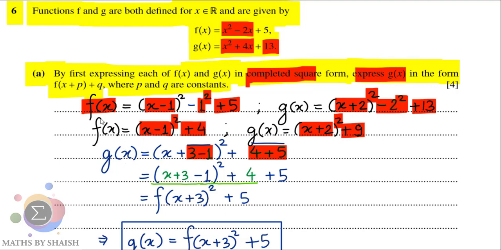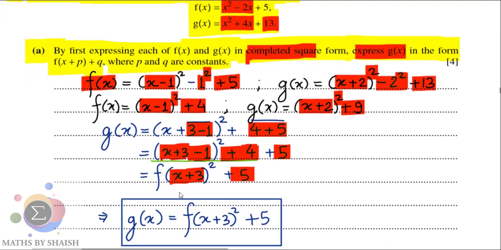Since we are going to write f of something plus something, in order to use f(x), we have to make this as x, and it is minus 1, and there is a plus 4 of f(x). What are the things extra? We can see it is the 5. So x plus 3 minus 1 and plus 4, x plus 3 becomes the input of f, because f(x) is the input minus 1, squared, plus 4. And plus 5 is as it is, we copy here.